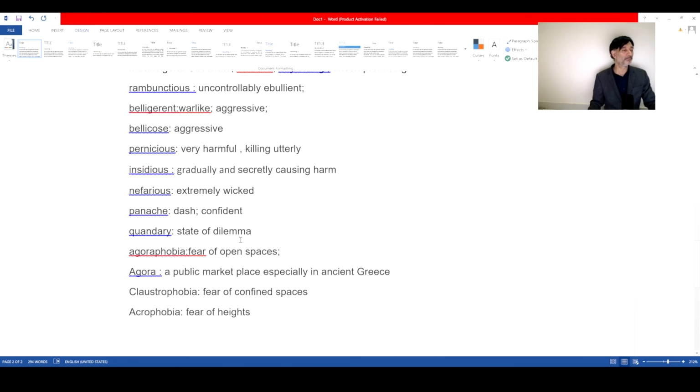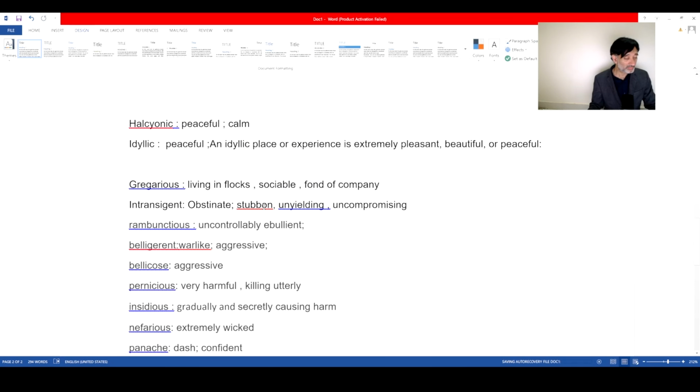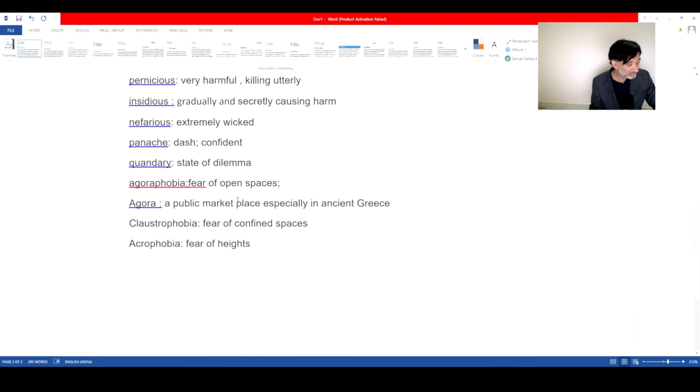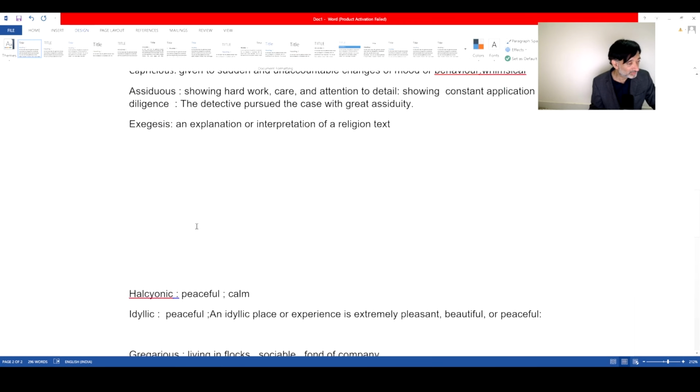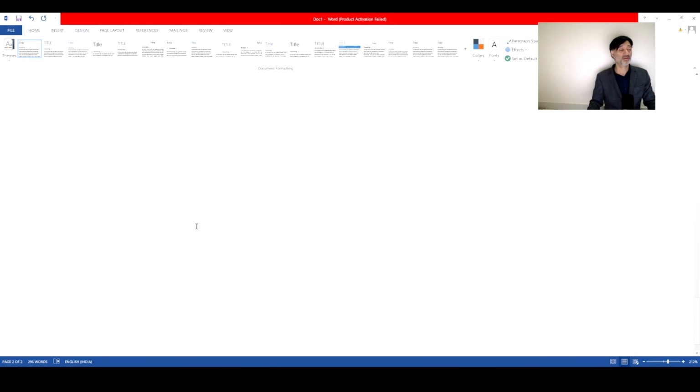Okay, so remember these words. Let me correct that. Fear of open spaces. It's fine. Okay. Now let's move on to another word.